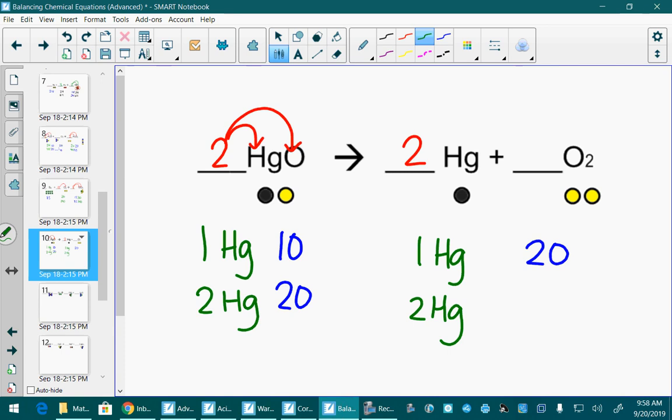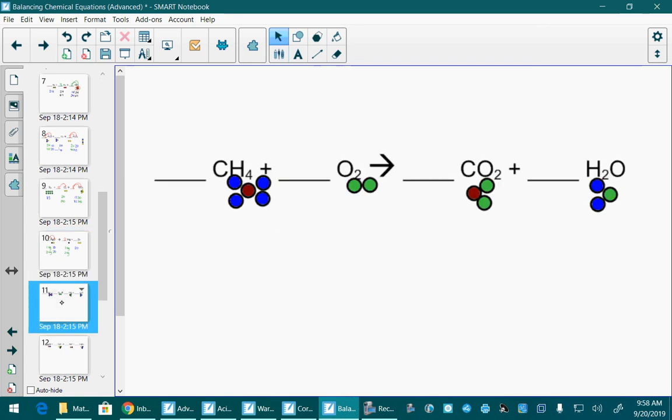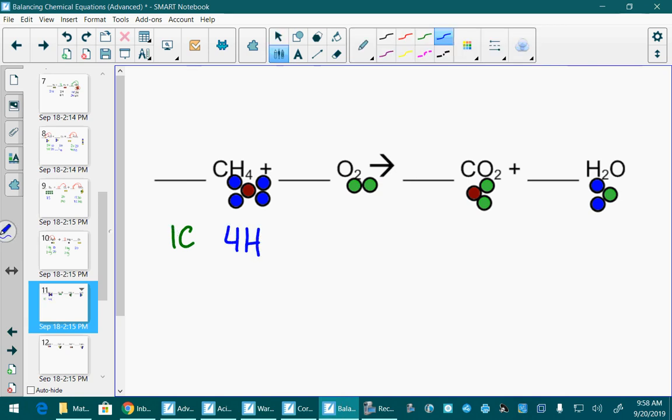Next one, flipping to the back side of the paper, we're going to look at one where we've got oxygen in a couple different places, so we're going to have to total up our oxygen here. So let's write out what we have first. I have 1 C and 4 H's in this molecule, methane. I have 2 oxygens, 2 O's here. Sometimes students like to draw this line here like in math to look at what's balancing.